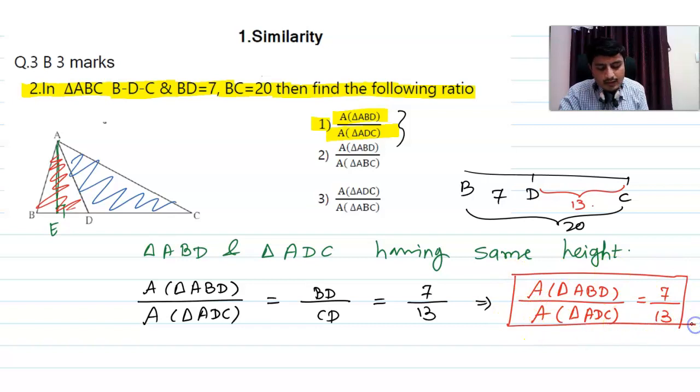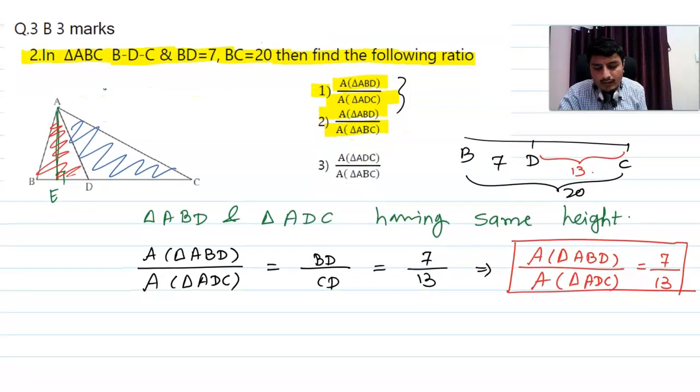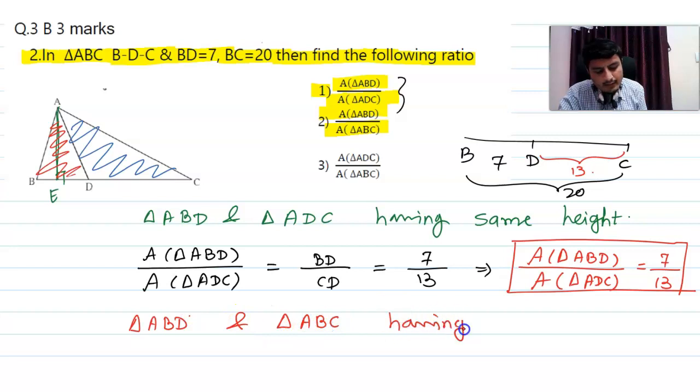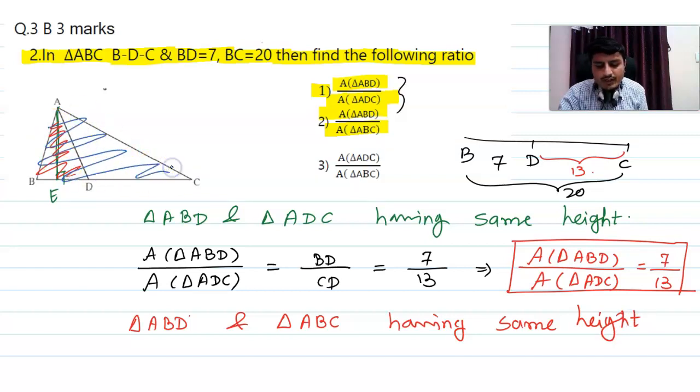Look at the second ratio. In the second ratio we have to evaluate area of triangle ABD to ABC. Look at both triangles. I am writing triangle ABD and triangle ABC having the same height. Look at the first triangle, ABD, the red shaded triangle, and now ABC is the overall blue shaded triangle.